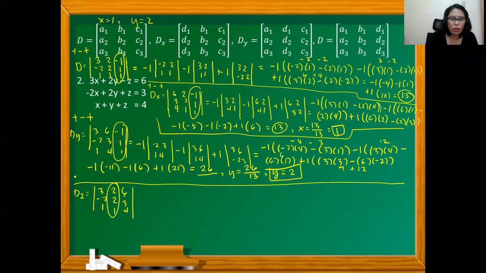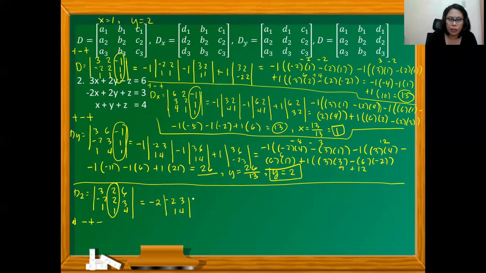So we're going to consider the sign array negative, positive, negative. Let's begin with the first element 2. So this is negative of 2. We'll eliminate the first row and the second column. So we have negative 2, 3, and then 1, 4.